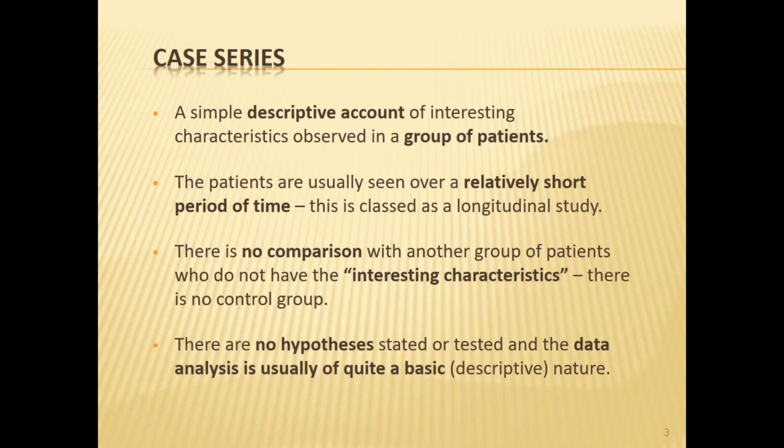It's just to describe those patients. So how many of them there were, what was the distribution across different groups of gender, what was the average age of the participants or the age range, what were their presenting symptoms, what were their outcomes. There's a whole lot of things you could look at, but the aim is just to describe.